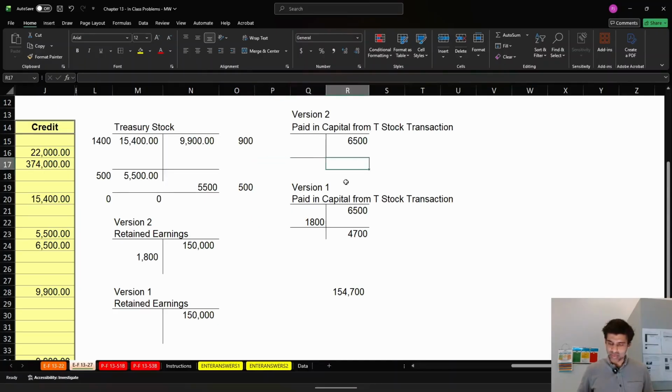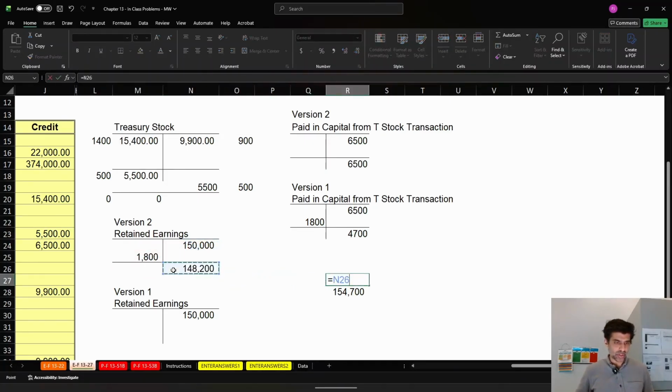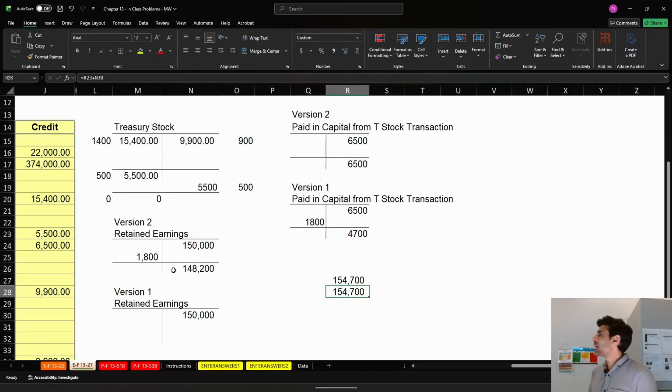If I take the version 2s, I have a larger balance here, 6,500, but I have a smaller balance here. So if I take version 2 retained earnings plus version 2 of this paid in capital, you can see that the equity balances are the same. The total equity is the same. The order just changed what accounts they're in within equity.